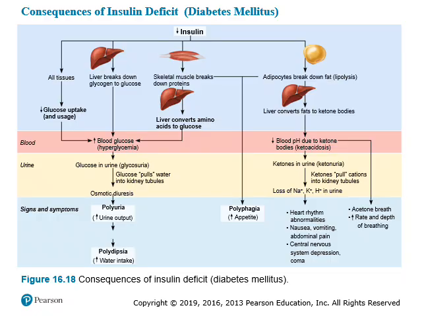The ketone bodies in the urine will give a diabetic ketone breath, or even the smell of the urine is like it has acetone in it.